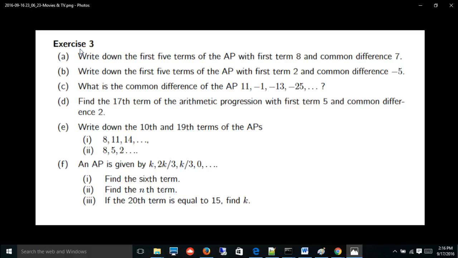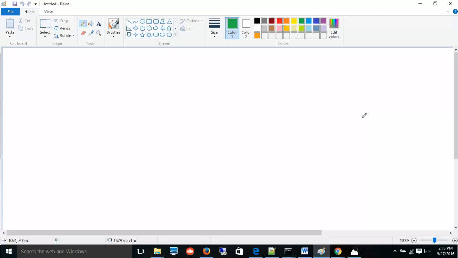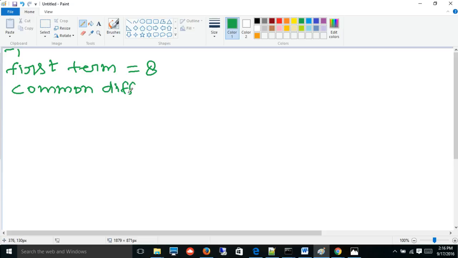So we have 2 things here. We know the first term of the series. The first term of the AP is given as 8 and the common difference is equal to 7.